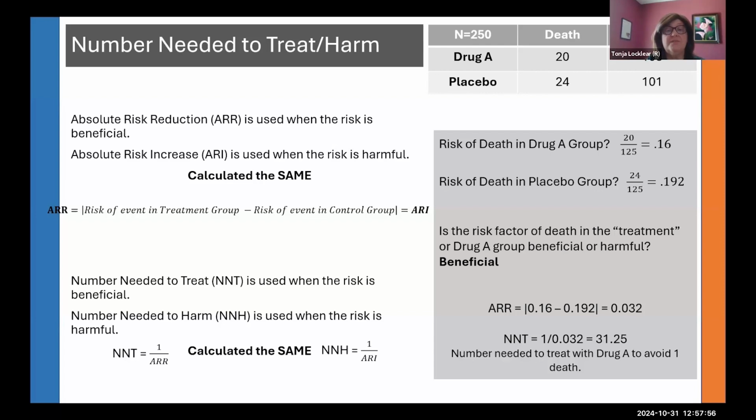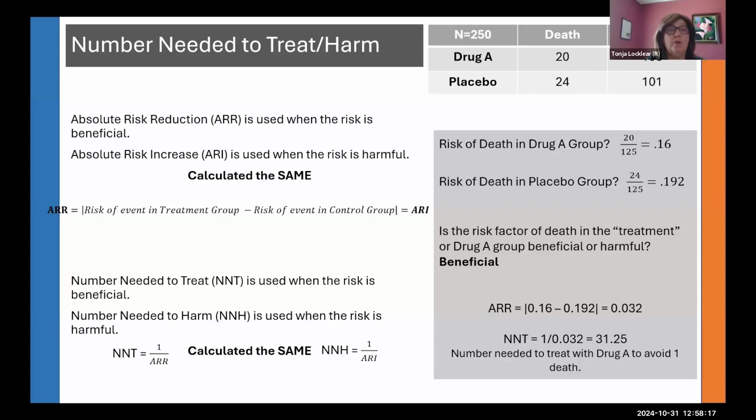That tells us that our treatment group was lower than our placebo group, which means it was beneficial. Because it was beneficial, it's an absolute risk reduction, and it is the number needed to treat. That's what's used when the risk is beneficial.